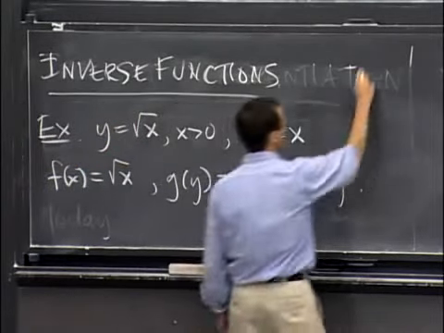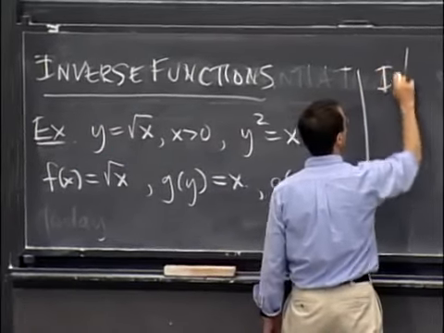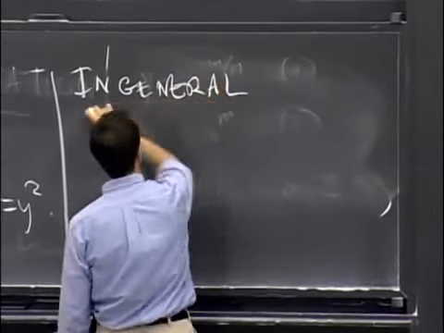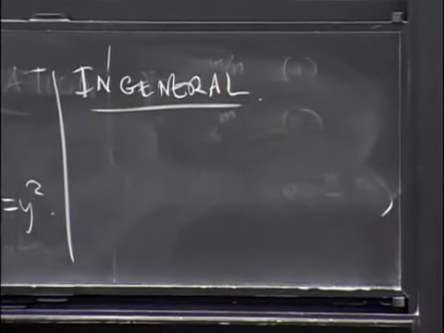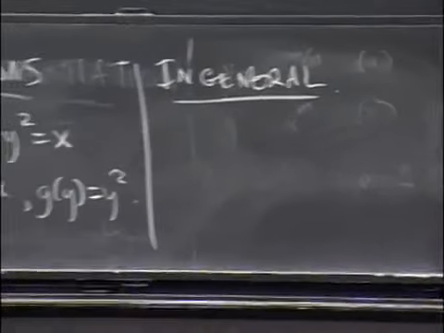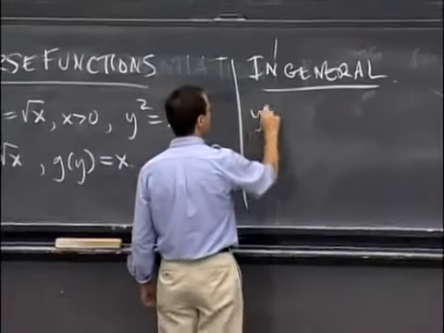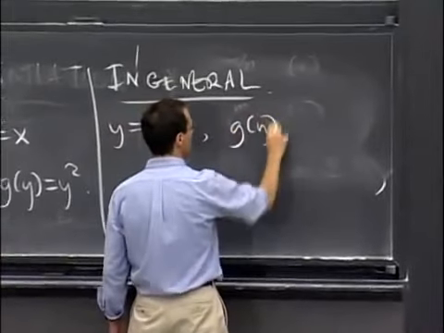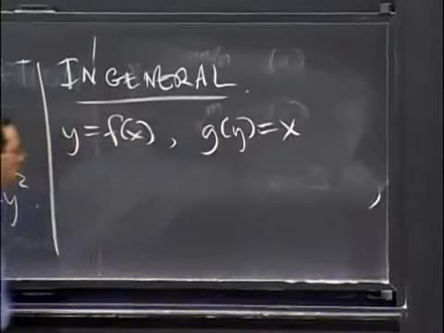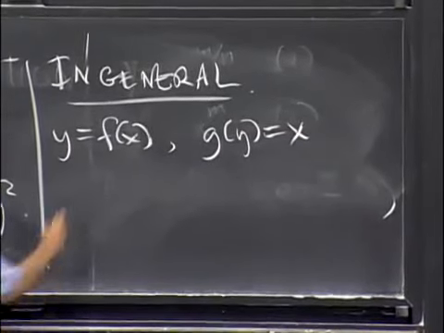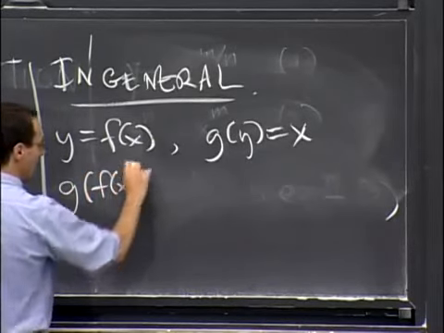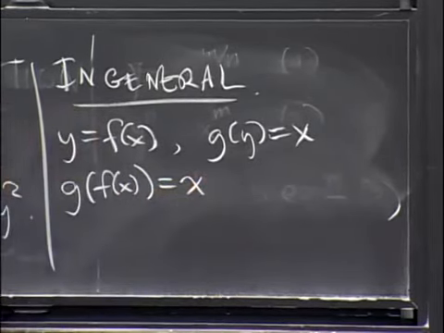And in general, if we start with any old y is equal to f of x, and we just write down this is the defining relation for a function g, the property that we're saying is that g of f of x has got to bring us back to x.